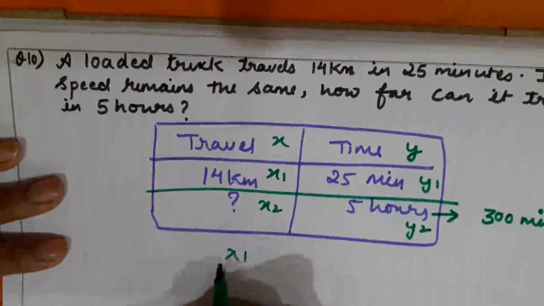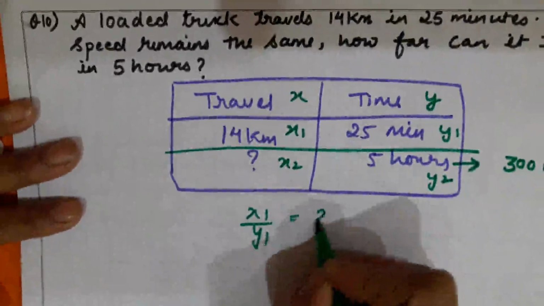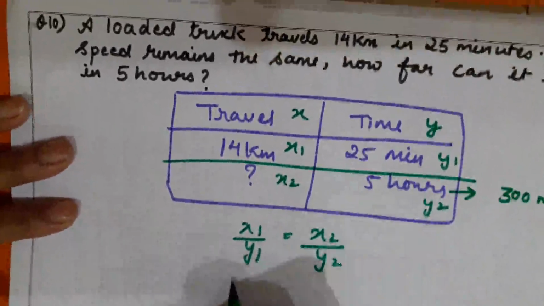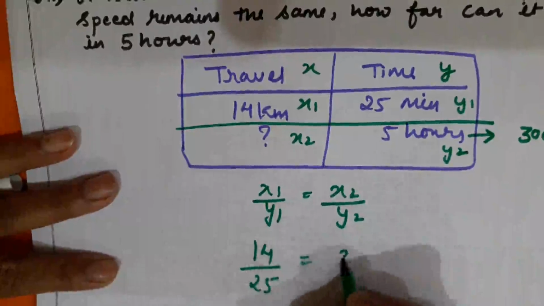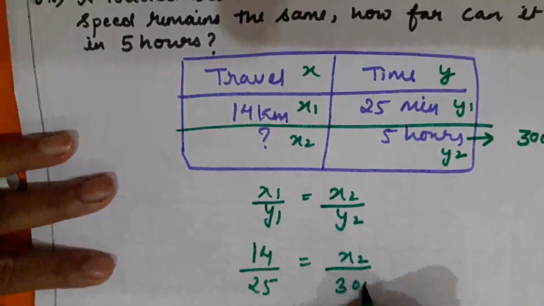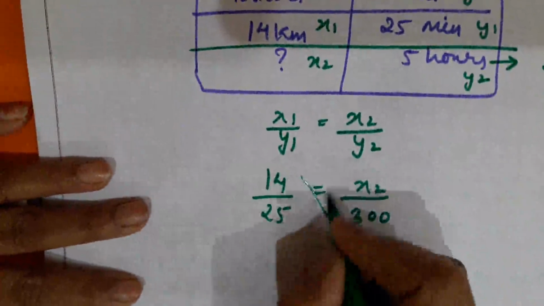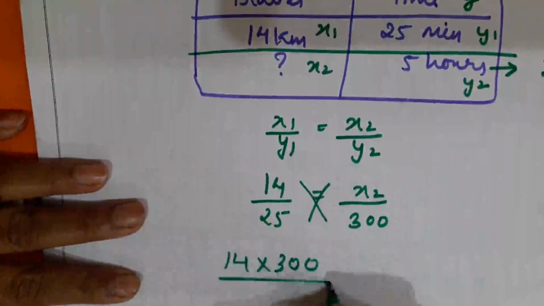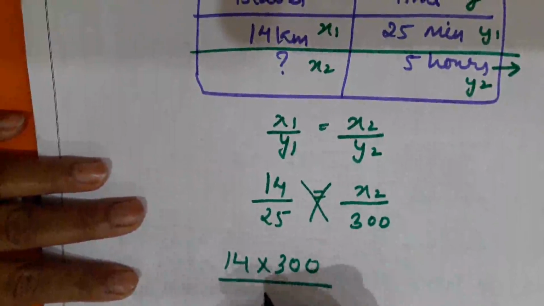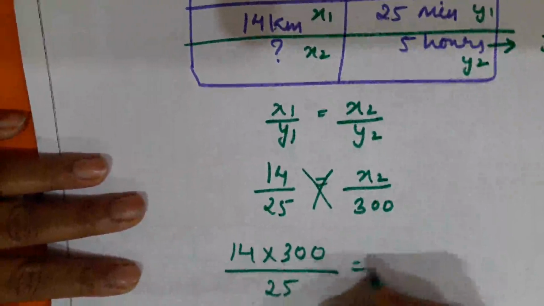So x1 upon y1 equal to x2 upon y2: 14 upon 25 equals x2 upon 300. Let's do cross multiplication: 14 into 300 upon 25 equals x2.